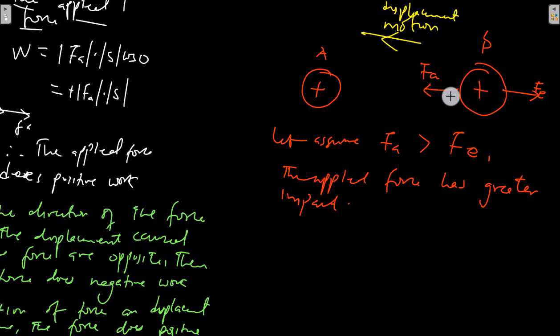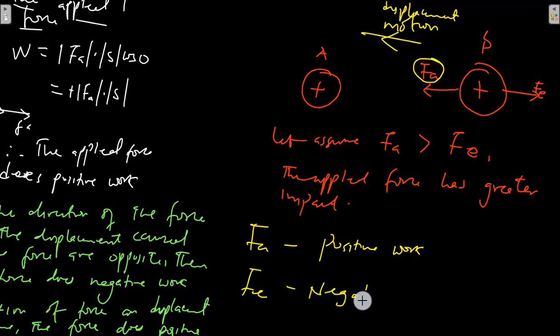As you can see, since the force and the displacement for the applied force are in the same direction, the applied force does positive work, while the electric force, which is caused by the electric field due to A, does negative work, because the displacement and the electric force are in different directions.